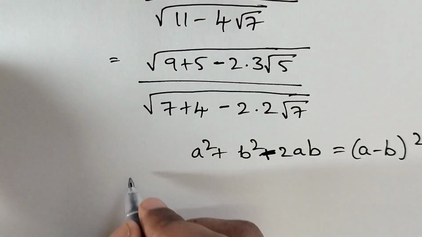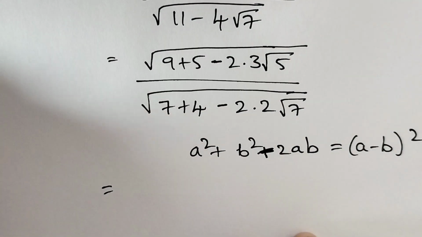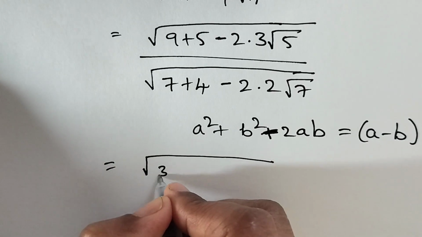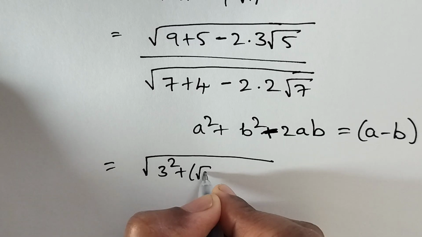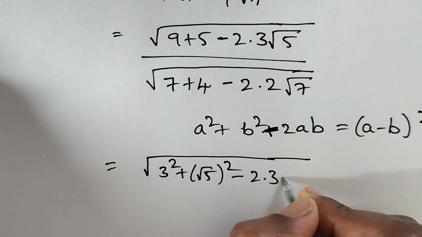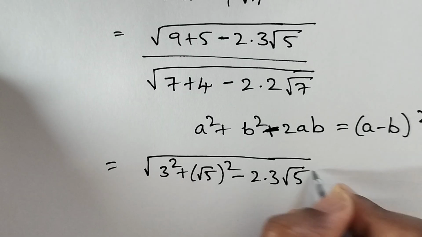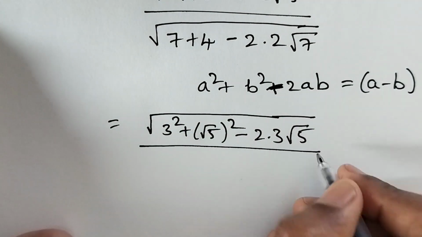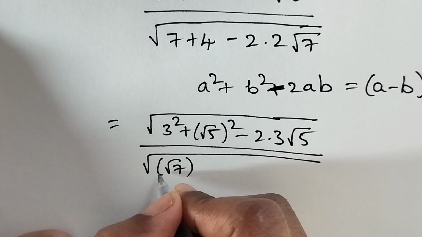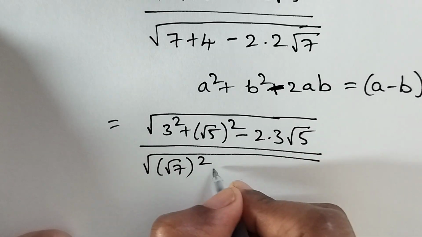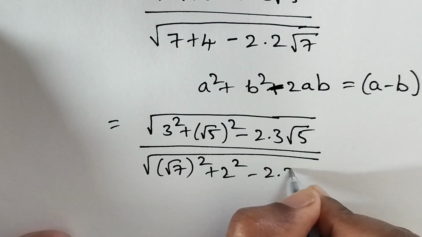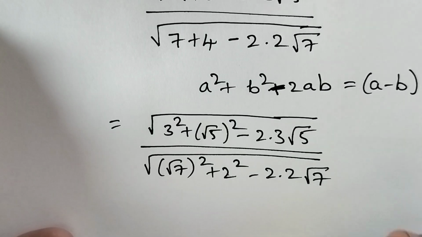So we use this formula. Here we can write the square root of 3 squared plus the square root of 5 squared minus 2 times 3 square root of 5, divided by the square root of 7 squared plus 2 squared minus 2 times 2 square root of 7.